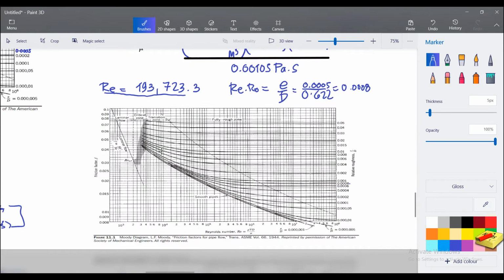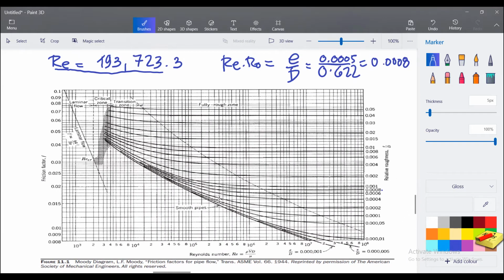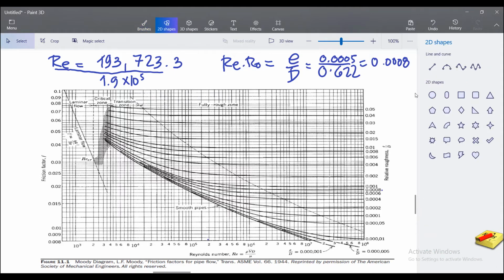Then our Reynolds number is 193. That is 1 point. So that can be expressed as 1.9 times 10 to the power of 5. So here we have 10. So this is 1.9. So somewhere here, flowing here. So we can draw the shapes here. A line here, starting here. So since it is near to the 2, then you have this one intersecting here.